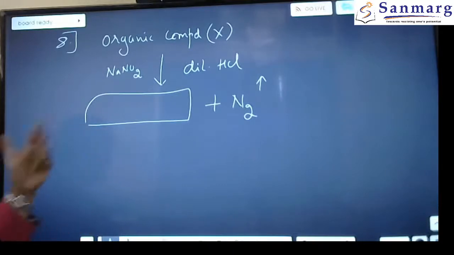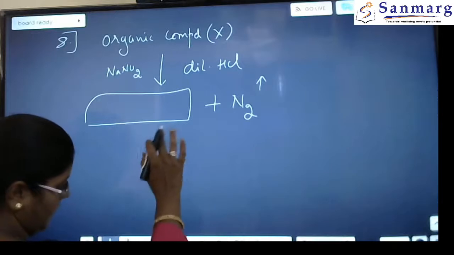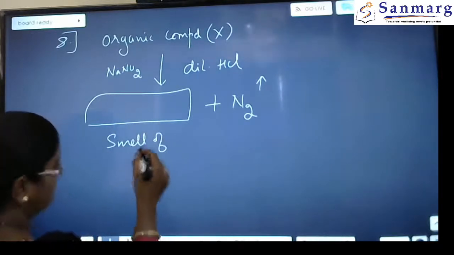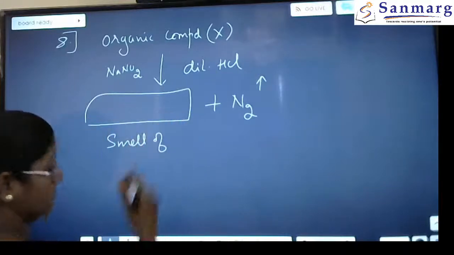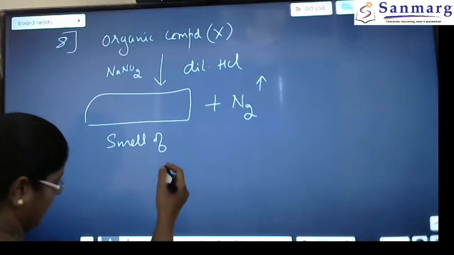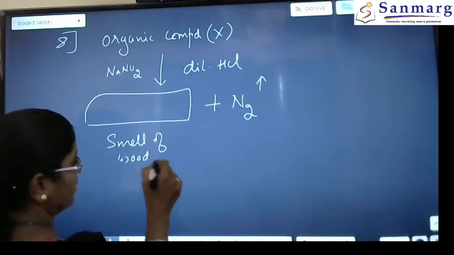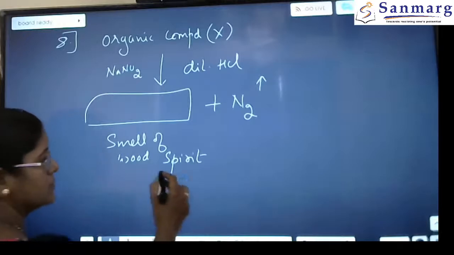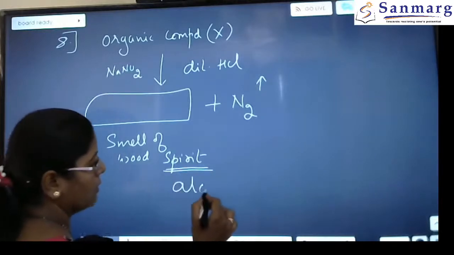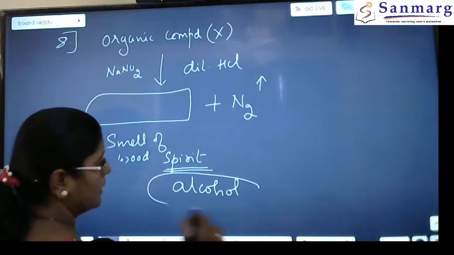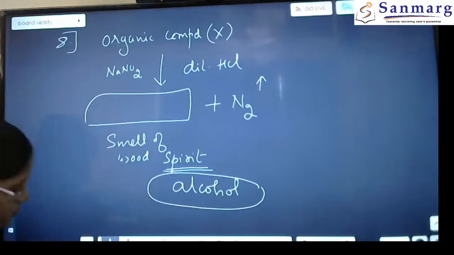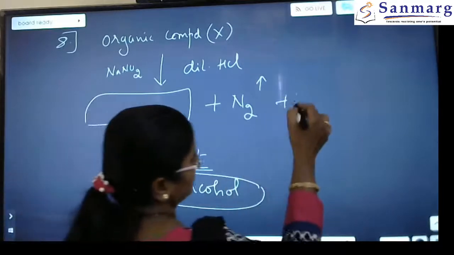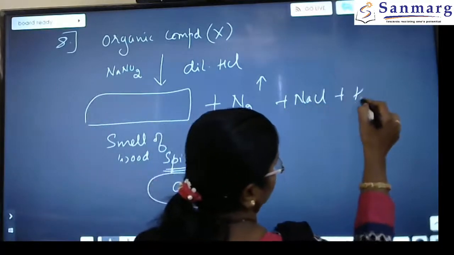There is a solution which has a particular smell, an alcoholic smell. Spirit is always alcohol, so the smell of wood spirit means it is an alcohol. Alcohol you get, plus nitrogen, plus sodium chloride and water.